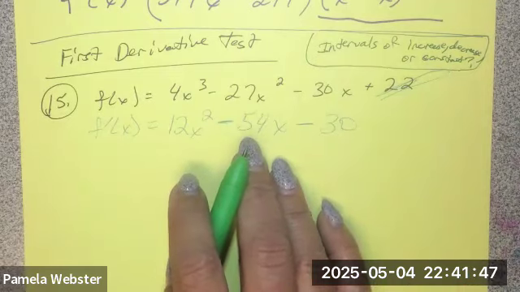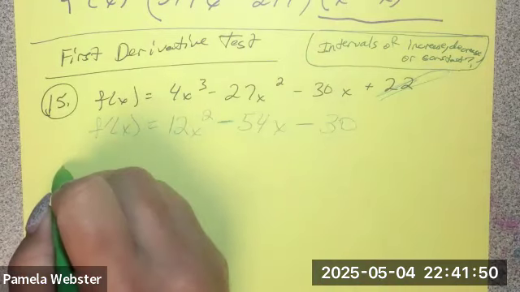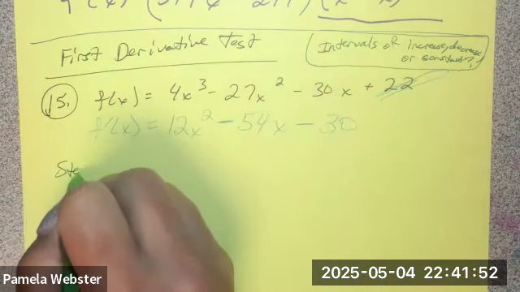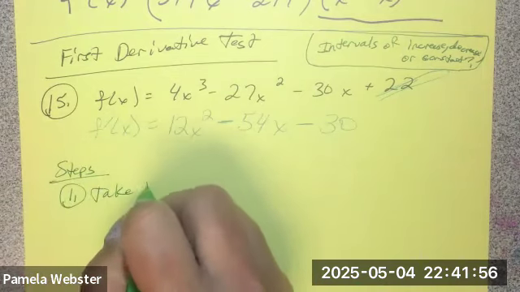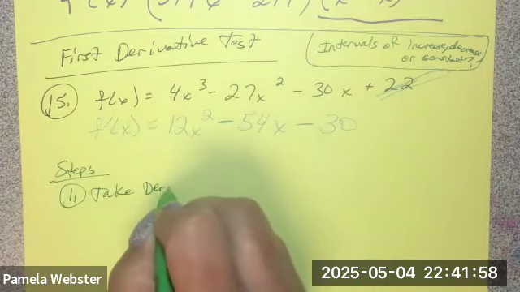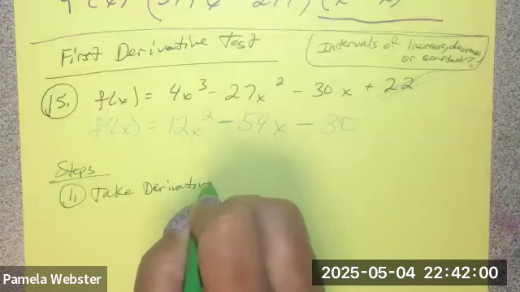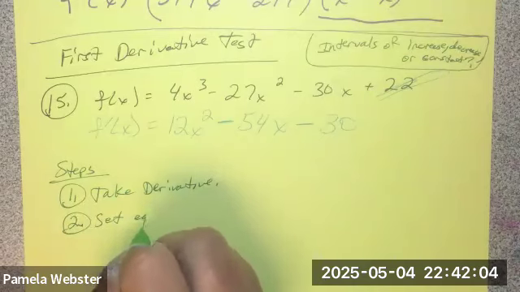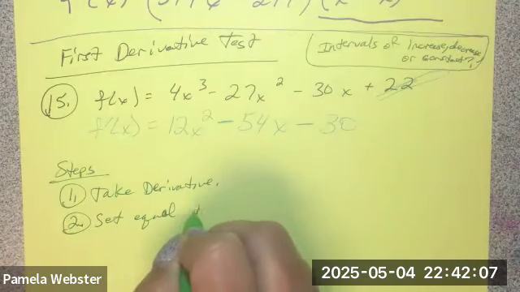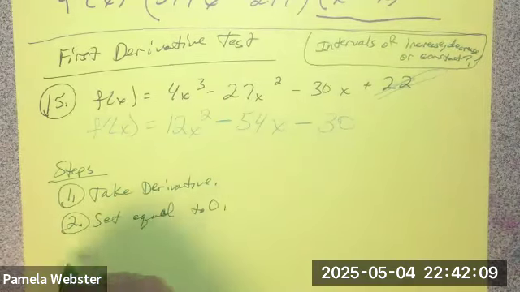Okay, so as a reminder, here's what we're going to do. Steps. Take the derivative. Set it equal to 0. Solve for your variable.